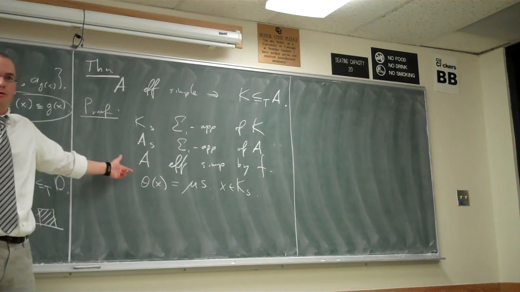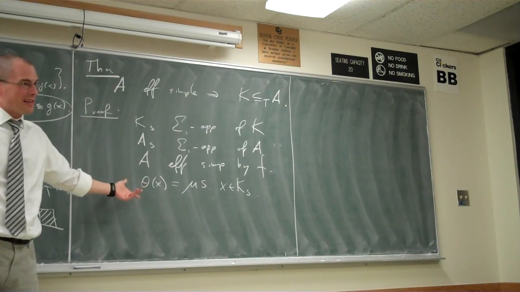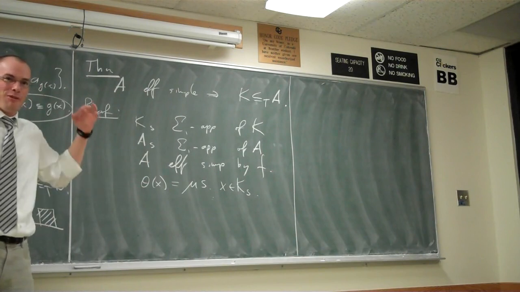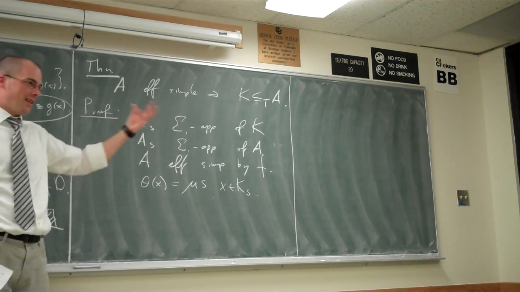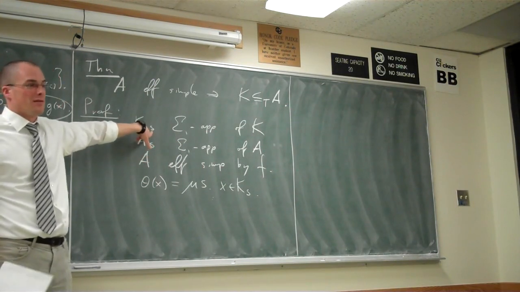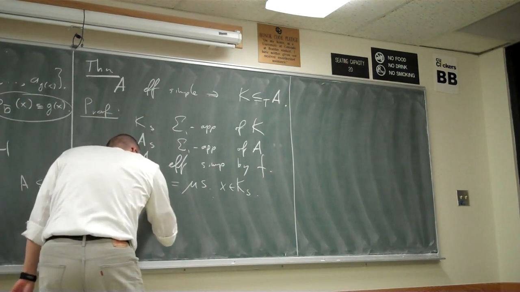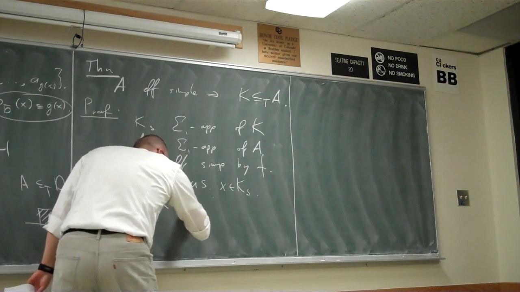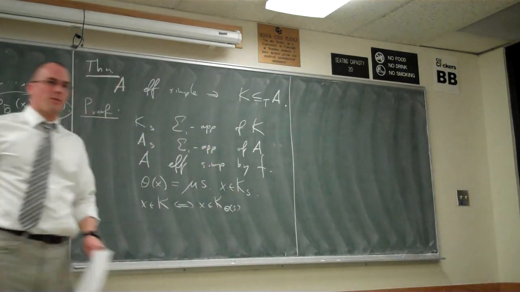If you have a total computable function that wherever theta is defined is greater or equal to theta, then to check whether something is in K, all you have to do is check whether it is in K sub the index indicated by that function. Right? This theta satisfies x is in K if and only if x is in K_theta(x).